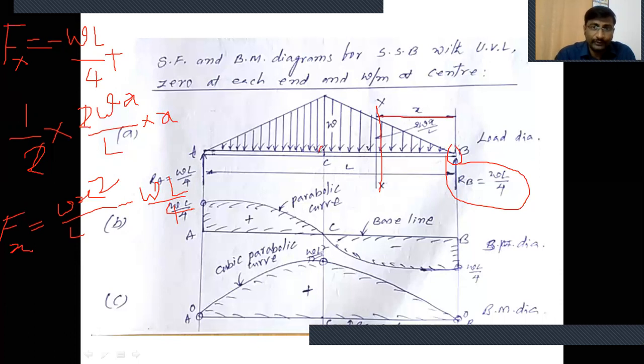If you want to find the shear force at point C, then simply substitute the x value as L by 2, because from B to C the length of the beam is L by 2.